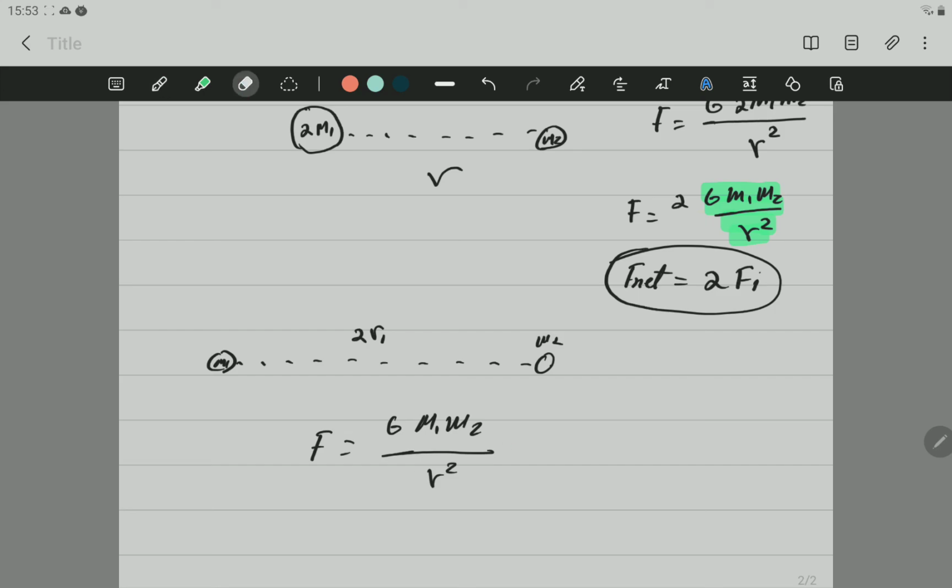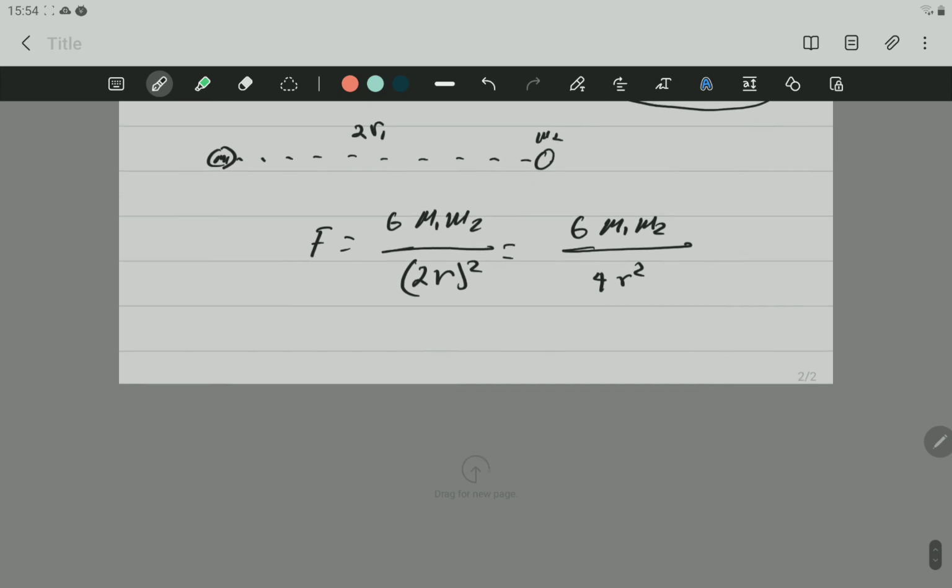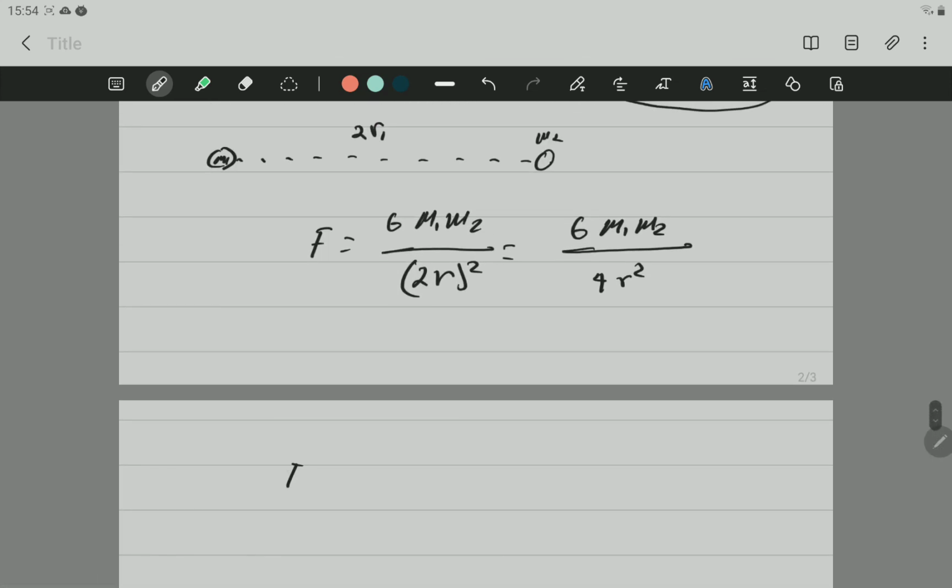So we write 2r, everything squared. And if we solve this one, we have G m1 m2 divided by 4r squared. If we take this one out of the fraction, we have that the force is equal to 1/4 of G m1 m2 divided by the distance squared, the same as before. So the force is now 4 times smaller.